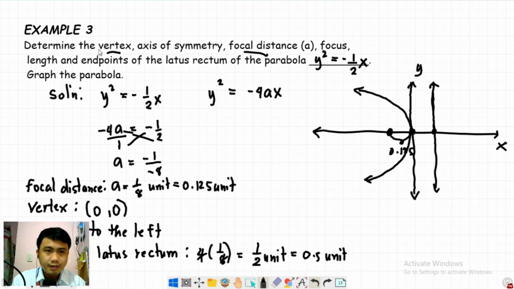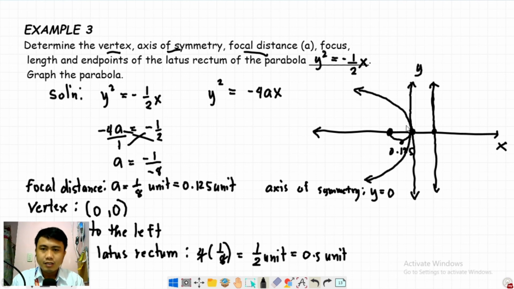Let's find the axis of symmetry. The axis of symmetry is our x-axis, that is y equals 0. Check on our axis.